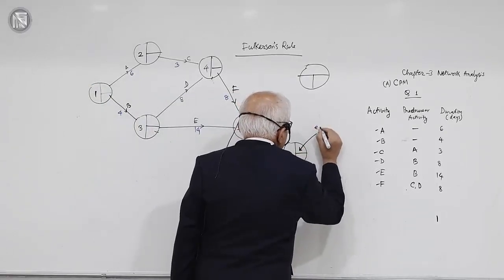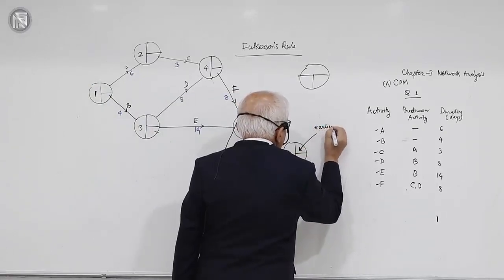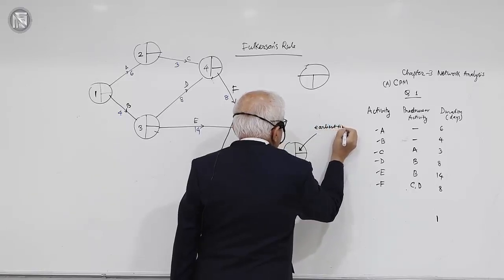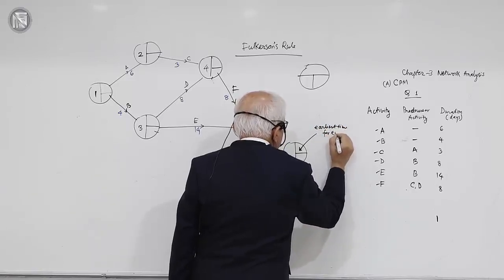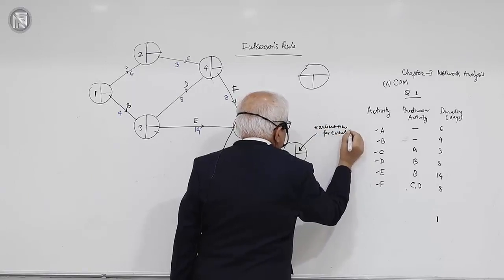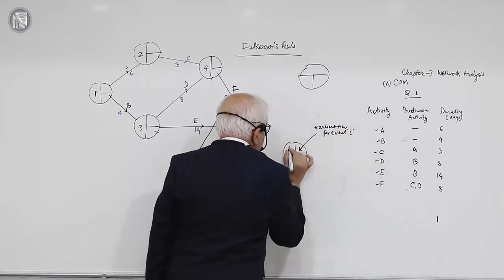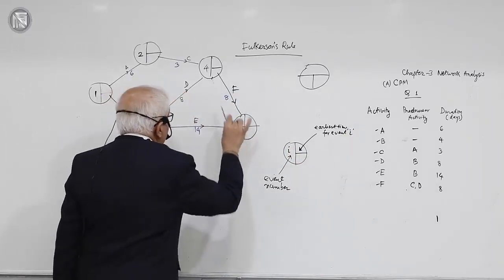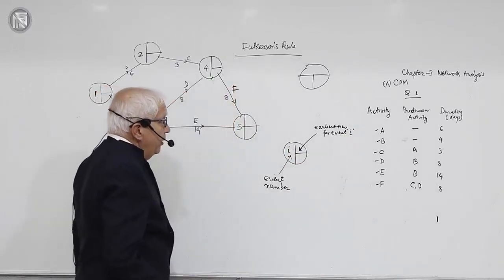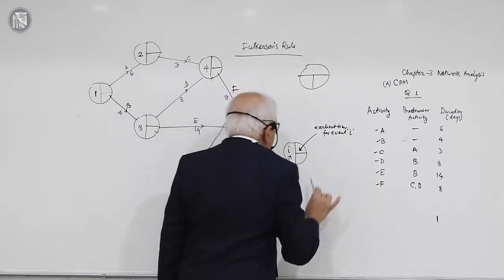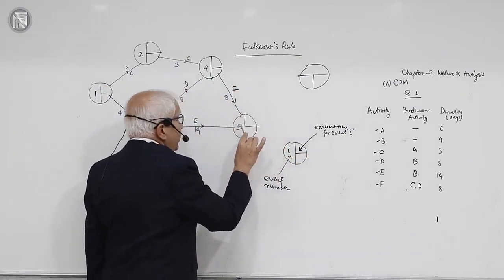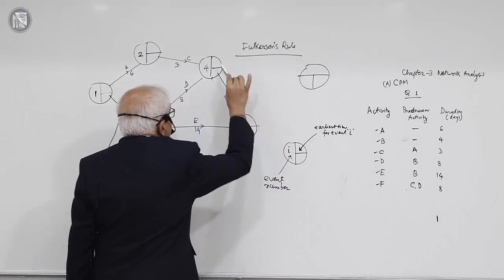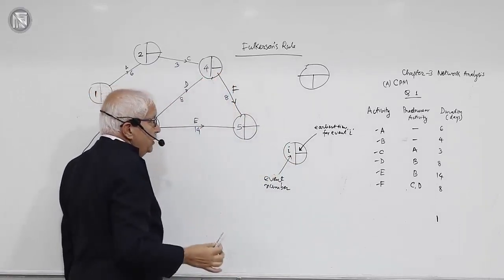the earliest time for event I. What is I? I is the event number. For example, I is 5 here, I is 4 here. This is the earliest time for event I, which means here it will be the earliest time for event 5, the earliest time for event 4, and so on.